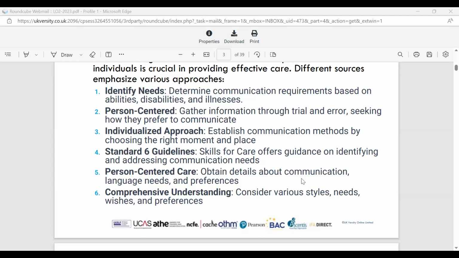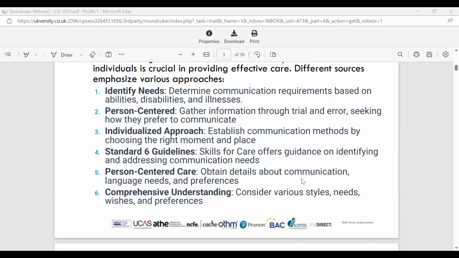Individualized approach, this is to establish communication methods by choosing the right moments and place. And the standard 6 guidelines, which is Skills for Care, offers guidance on identifying and then addressing any communication needs. And person-centered care is where you obtain details about communication, language, needs and preferences.